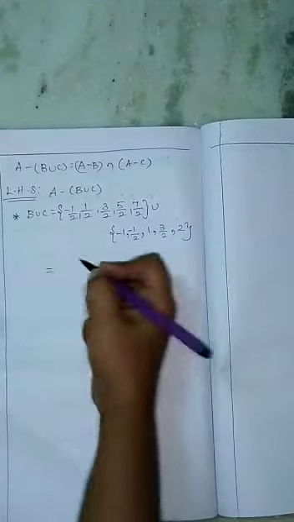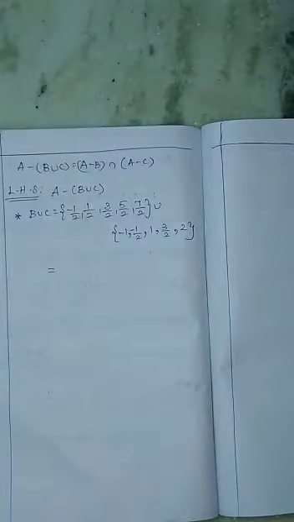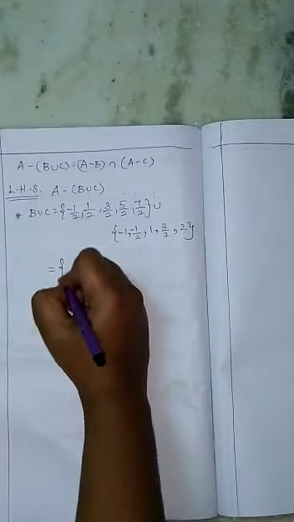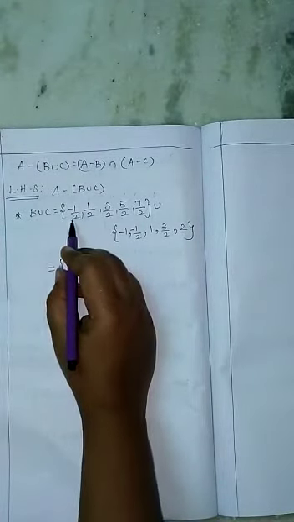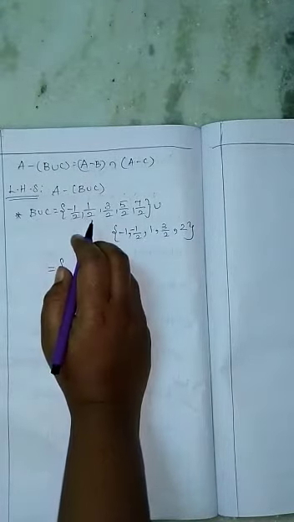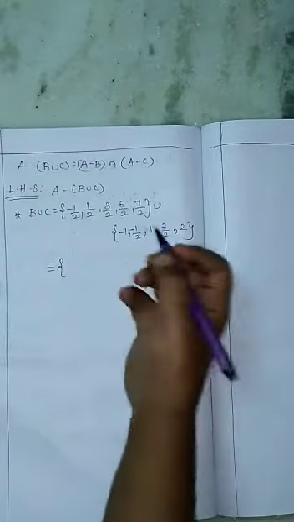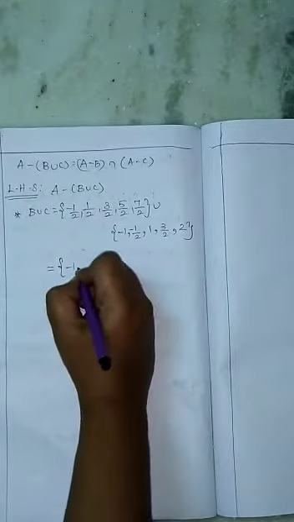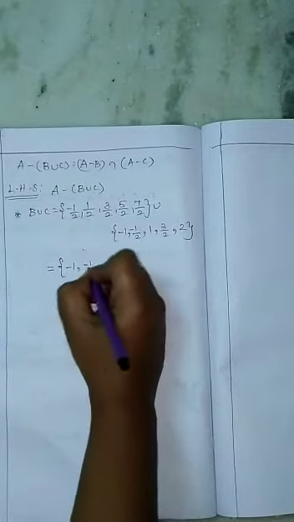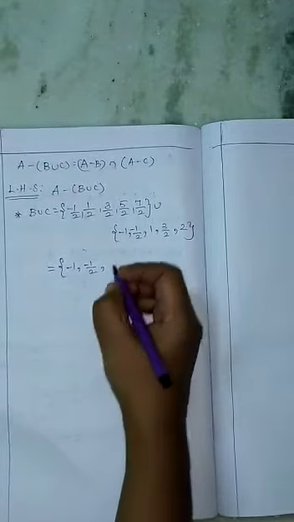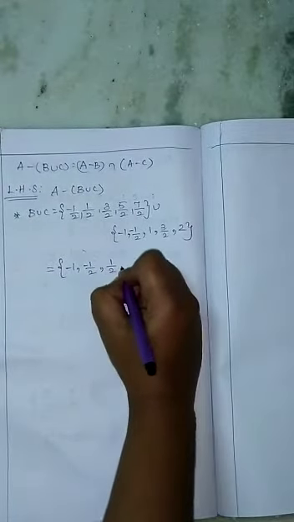Now you know very well, union means we need to combine, we need to write them combined, right? See here, first what value should we take? Minus 1 you write, and then minus 1 by 2, and then plus 1 by 2, and then 1.